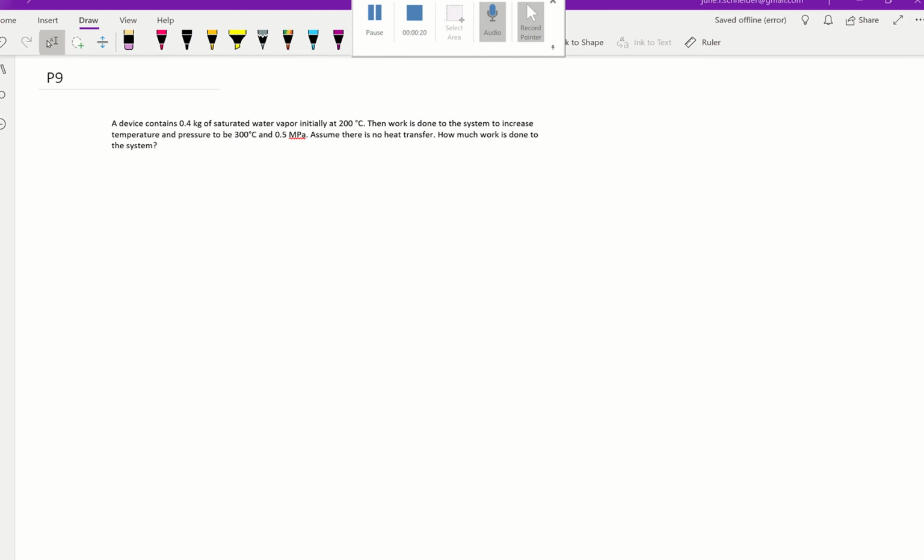They said the device has 0.4 kilograms, so I'm going to write down what's given. Initial state 1 is saturated vapor, so it's water, and the initial temperature is 200 degrees Celsius. Work is done to the system to increase the temperature.